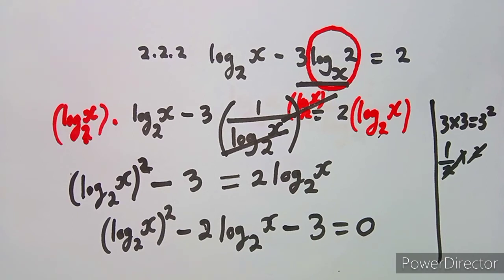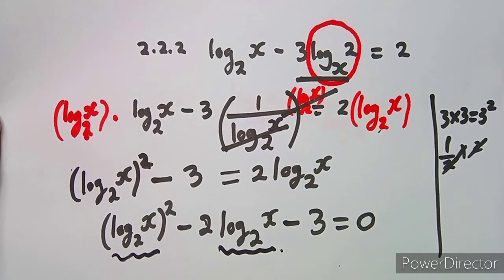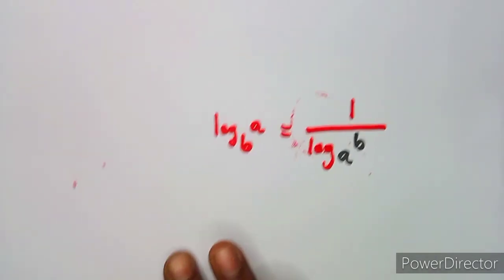This is going to be a risky type of working. So how do I avoid that risky type of working? I'm going to introduce a certain letter that represents log x base 2. So I'm just going to introduce something like this.